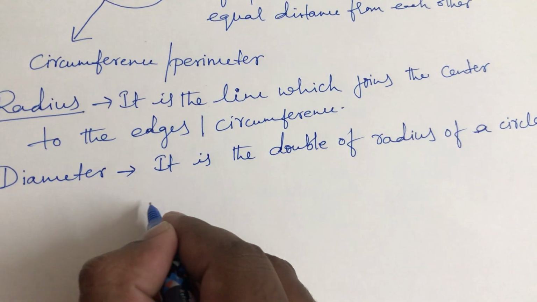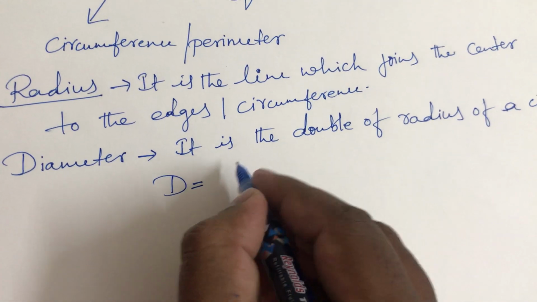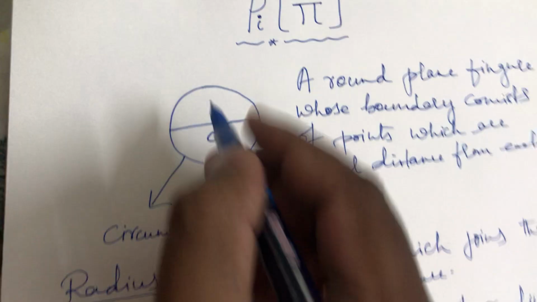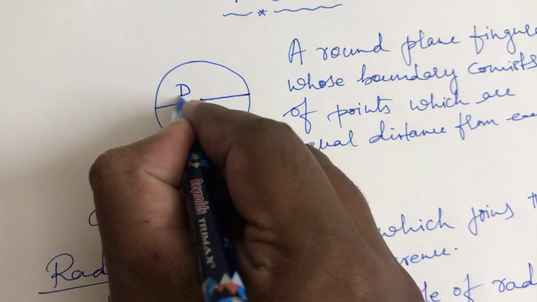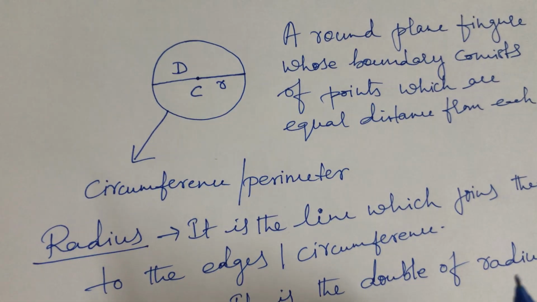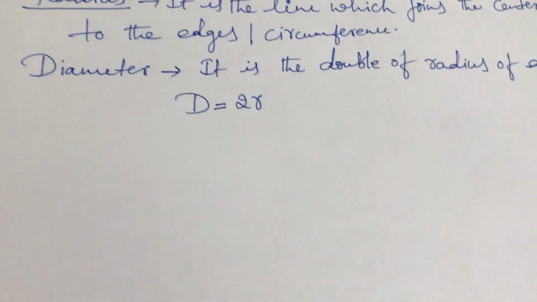So diameter is represented with a small d, where d equals 2r. From here to here is d and from here to here is r.